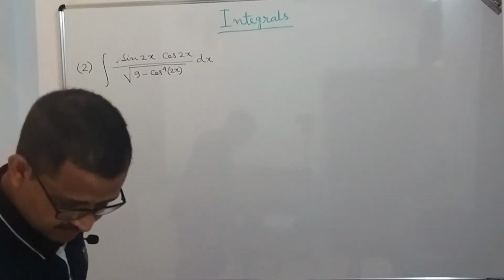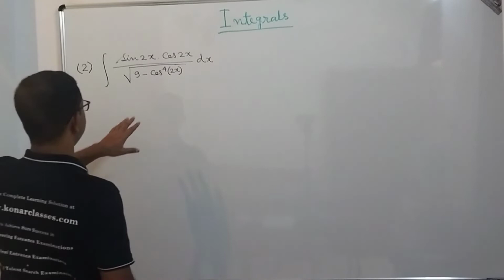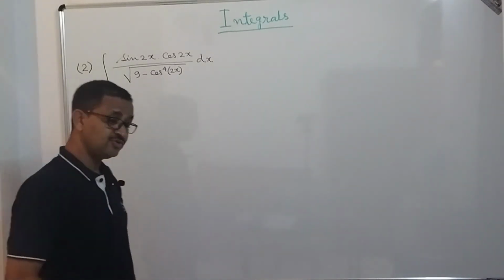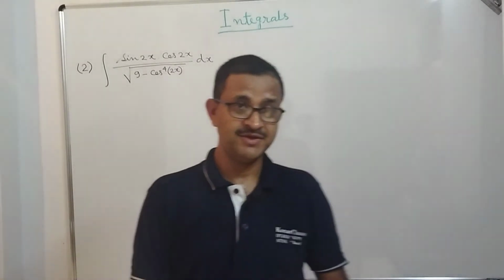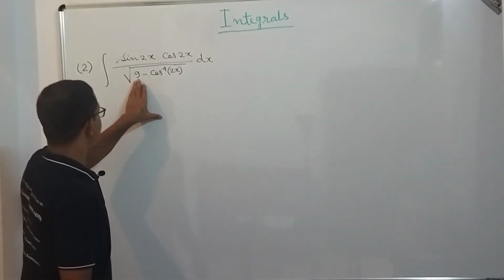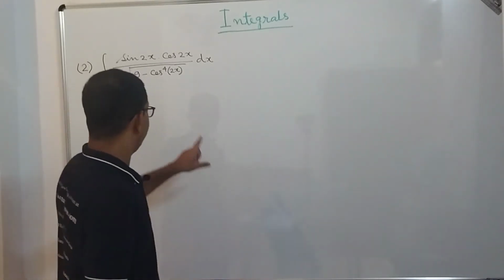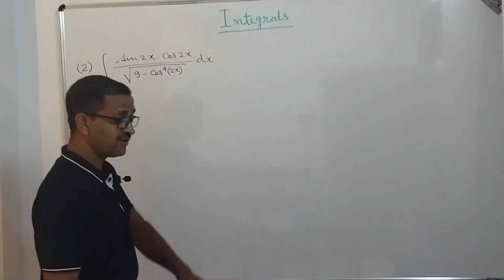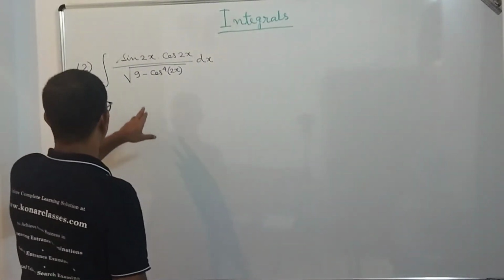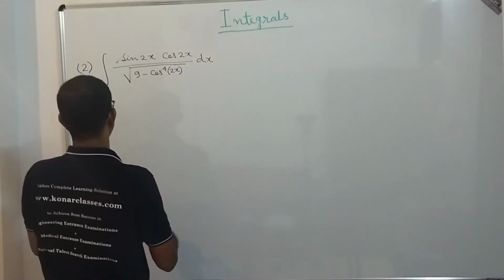Okay, dear students, so what we see here is that the square root of 9 minus cos to the power 4 2x will be of prime importance. So square root of 9 means what? Square root of 3 square minus cos to the power 4 2x, and cos to the power 4 2x should be equal to cos square 2x complete whole square.